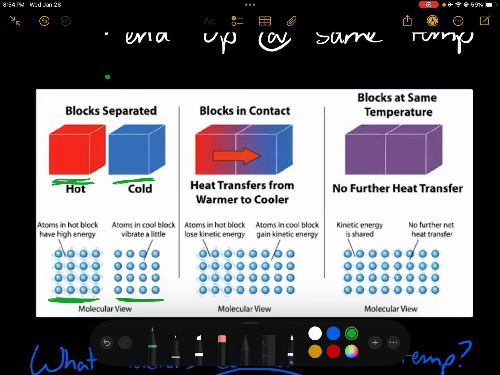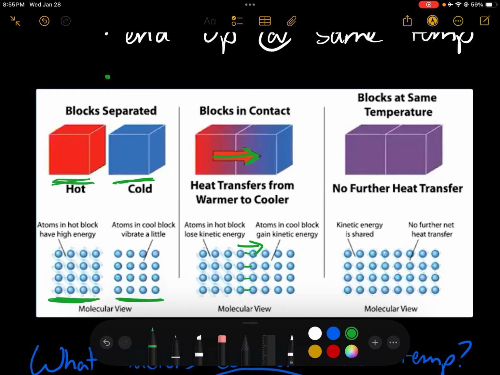But if we make those two blocks touch each other, what we see is a net movement of energy from the hot block towards the cool block. And why that happens is the physical molecules that are touching each other between the blocks, we're transferring energy. That vibrational energy of the molecules that are touching each other are going to transfer in this direction.